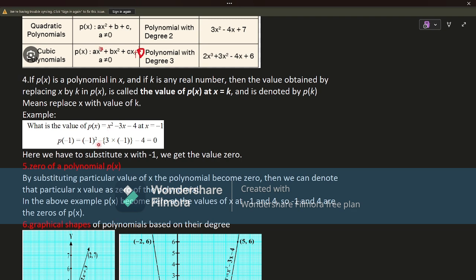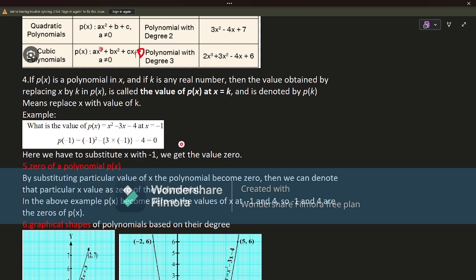In the x place we substitute minus 1, so minus 3 into minus 1. Minus 4 is the constant term, so we keep it as it is. By solving the entire expression, we get 0. So this is the value of the polynomial, 0, at the point x equal to minus 1.